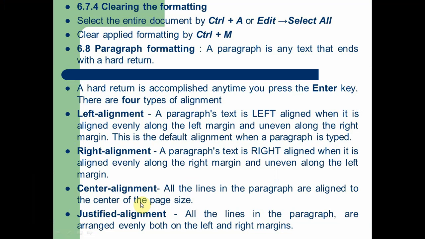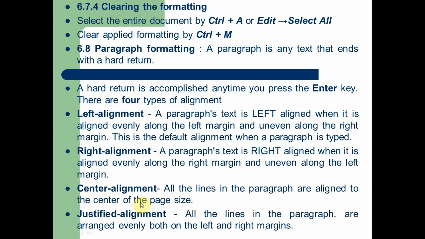Now we are going to see the paragraph formatting. A paragraph can be formatted using the first formatting option called alignments. A paragraph is a text that ends with a hard return. What is a hard return? A hard return is created anytime you press the Enter key.